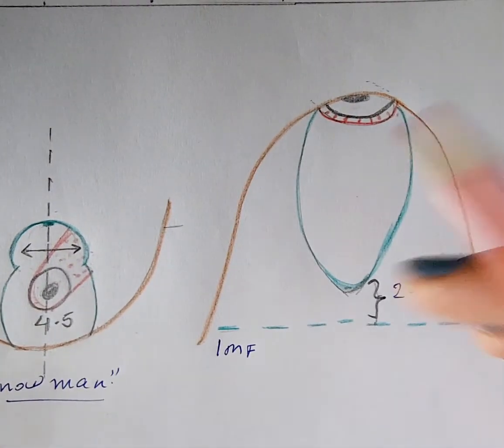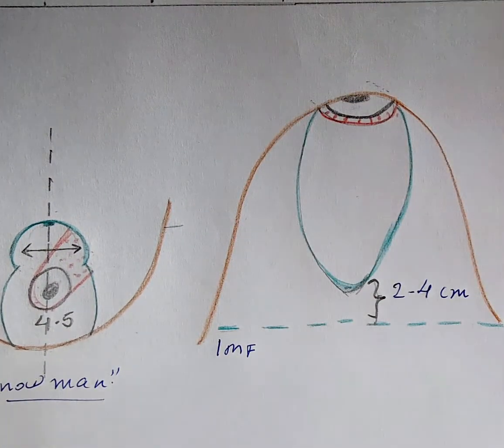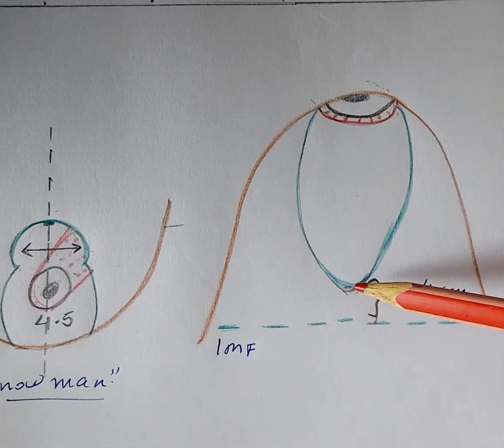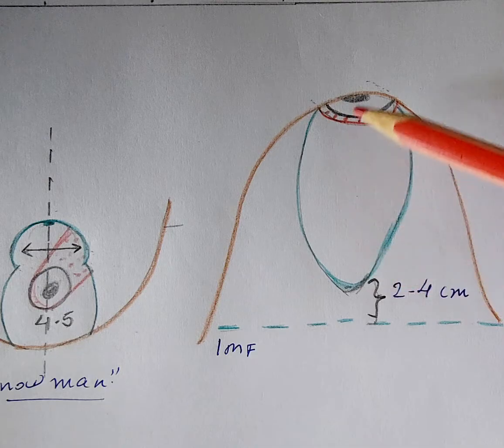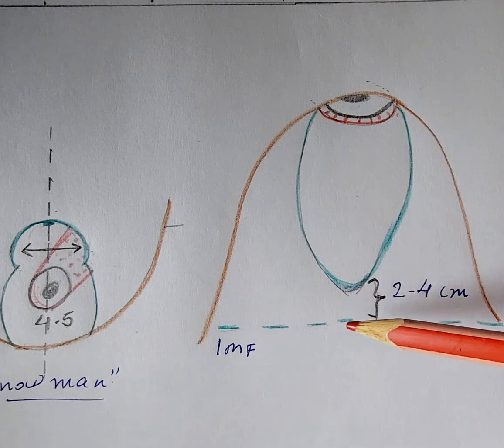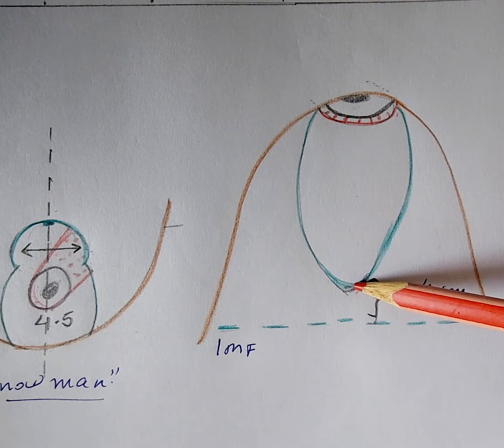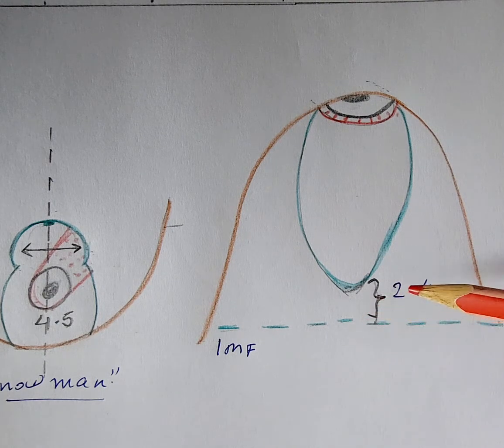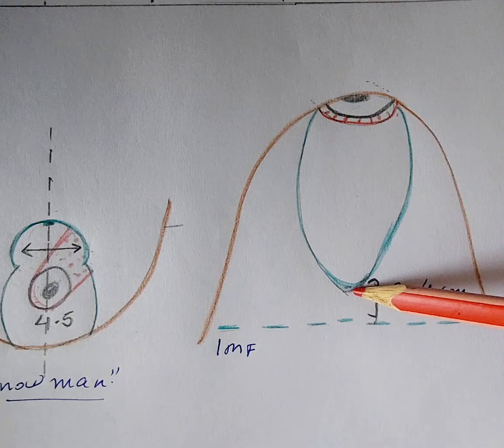If you see it once the breast is lifted up, this vertical pattern where the medial and lateral pillars meet along the meridian of the breast tissue has to stop short of 2 to 4 centimeters of the inframammary fold, that is 2 to 4 centimeters above the IMF.